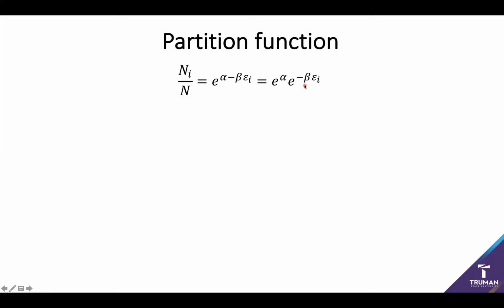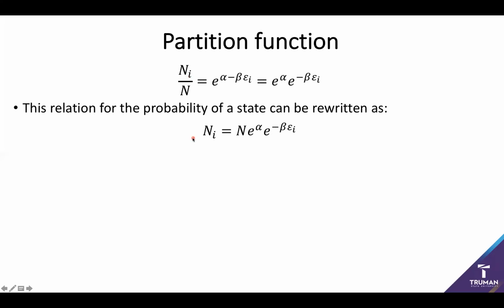And this is going to allow us to rewrite the probability of our state. However, what we're going to want to first do is write the probability of each state in terms of the number of particles in state i versus the total number of particles, an unknown constant value, and an exponential in terms of the energy of the system.